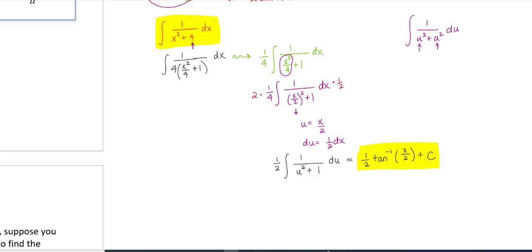The u would be what I'm squaring as a function. So if the only difference is that I have a 4 or a 9 or even a 5 instead of that 1, I can see that it's what you're squaring variable-wise, so that u over what you are squaring constant-wise in that denominator. So if you look at those two terms, it would have been 1 over this x squared and a 2 squared.